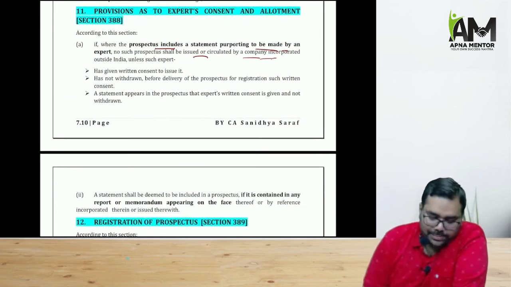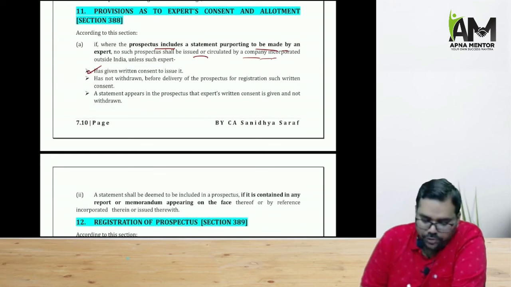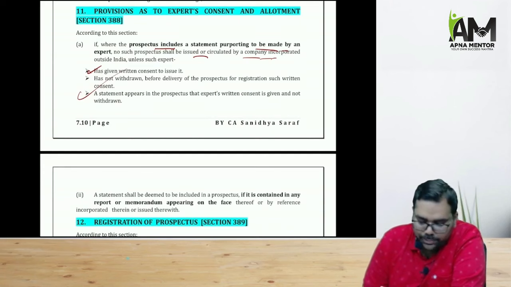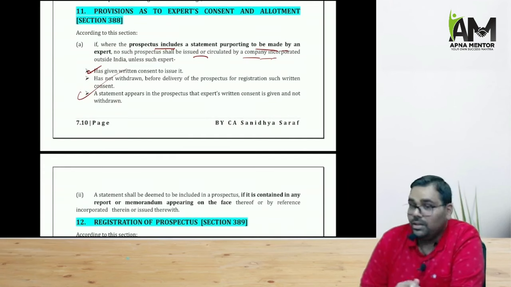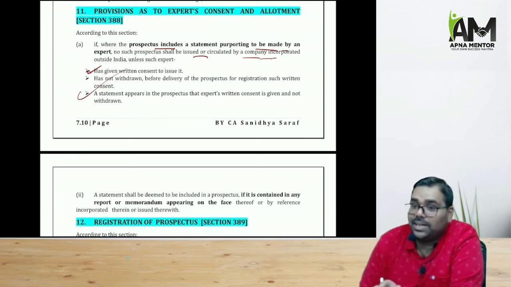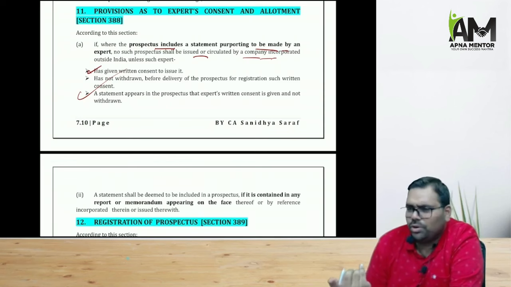So unless such expert has given written consent to issue it, and he has not withdrawn such written consent before delivery of the prospectus for registration, and the statement appears in the prospectus that the expert's written consent is given and not withdrawn, the company will not be allowed to issue the prospectus. If the company is not including an expert statement, then it's fine.